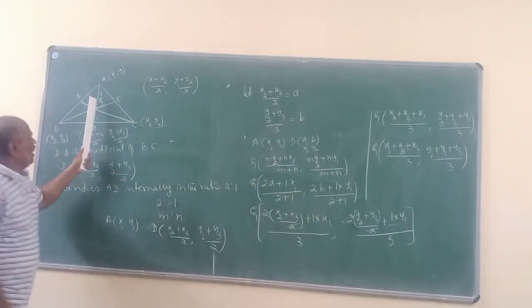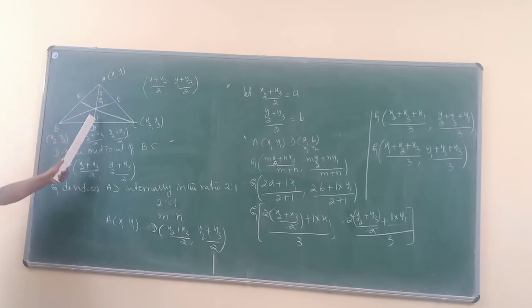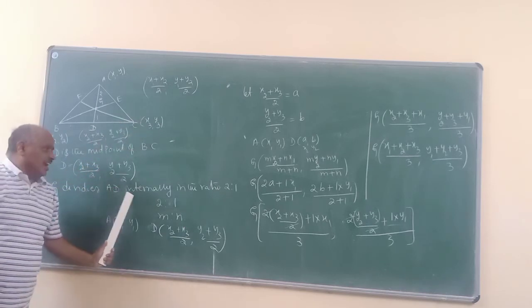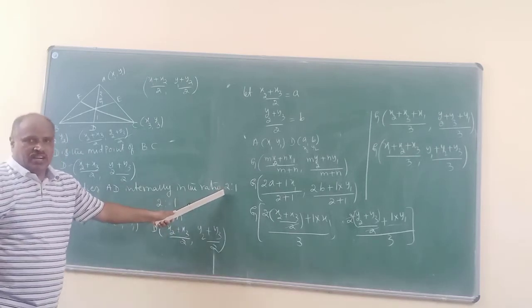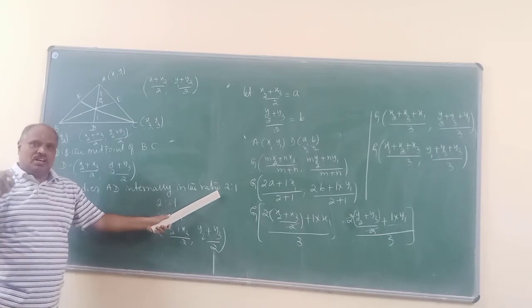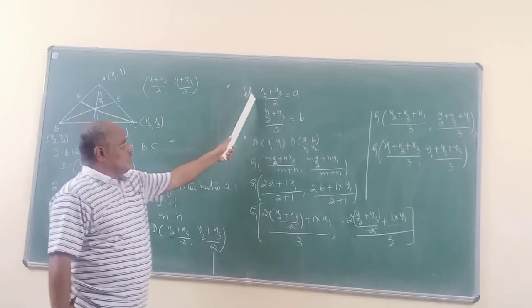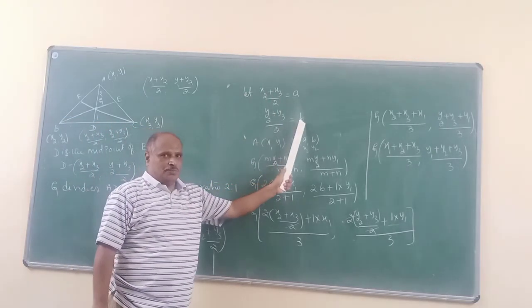You know well that G divides AD internally in the ratio 2:1, and D is the midpoint of BC. First, we get the coordinate of D by using the midpoint formula, and G divides AD internally in the ratio 2:1. Always the centroid G divides the median internally in the ratio 2:1. For convenience, x2 plus x3 divided by 2 as a, y2 plus y3 divided by 2 as b.